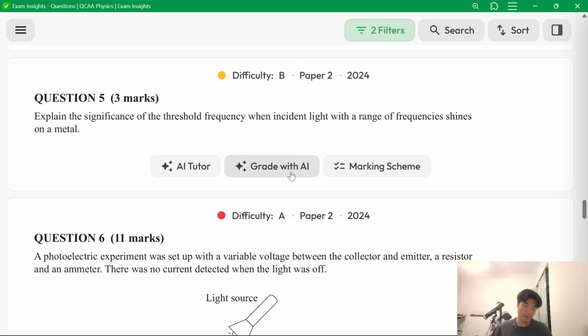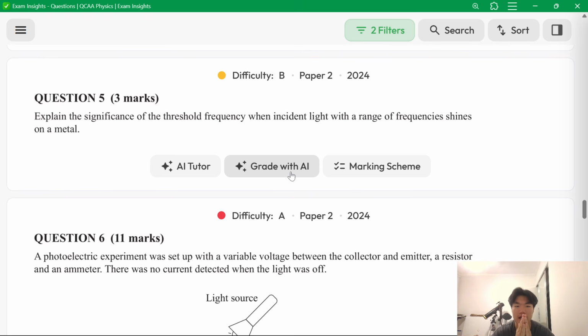Well, the threshold frequency is the frequency required by incident photons to actually cause the photoelectric effect, to actually allow electrons to ionize and escape from the metal surface due to them being excited by the absorption of those photons.